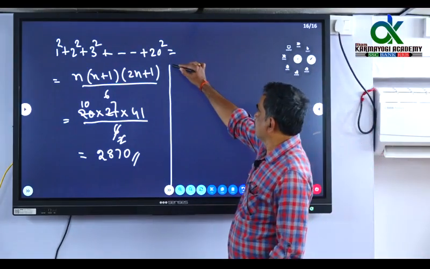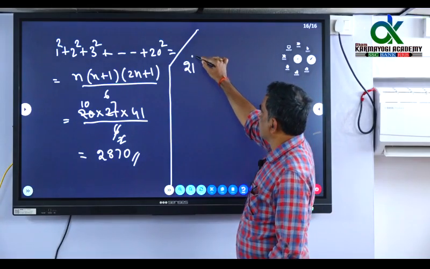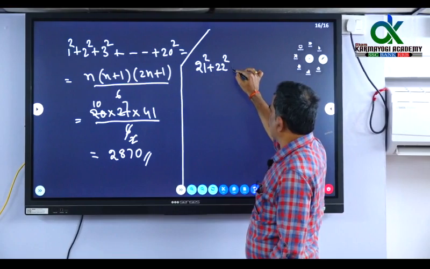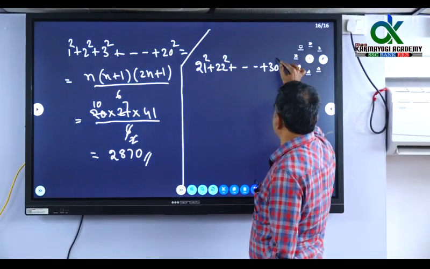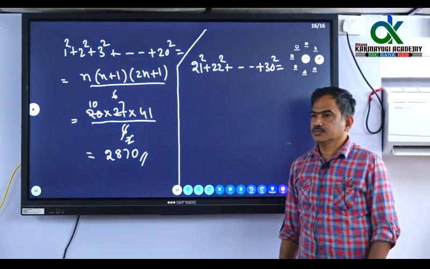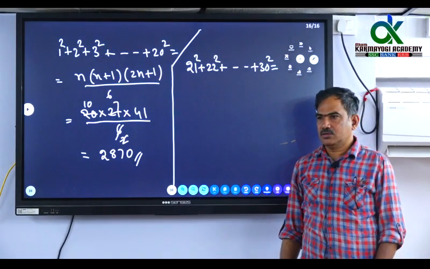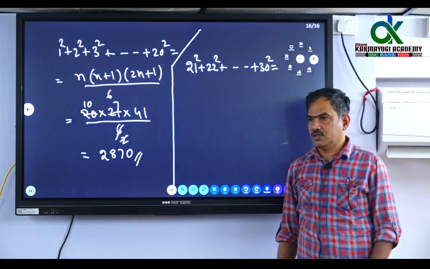Okay. For example, a question is given like this: 21 square plus 22 square plus and so on up to 30 square is equal to how much? Are these terms in arithmetic progression? No. Then how to solve this question?